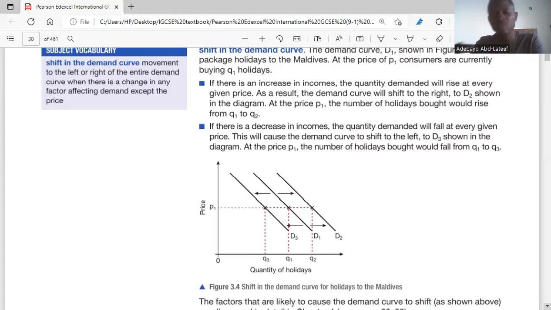So listen to me. When you talk about income level, we have to think about whether the good is a normal or inferior good. So the quantity demanded for normal goods will increase when your level of income rises. At that point in time, the quantity demanded for inferior goods will fall, because you consider inferior goods as goods that you can always buy when your level of income falls.